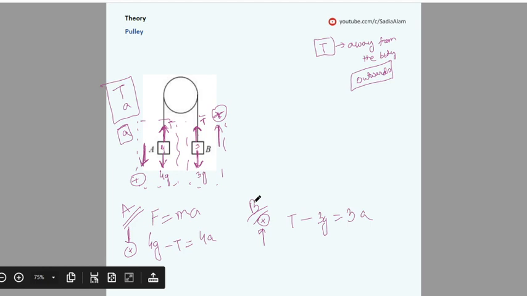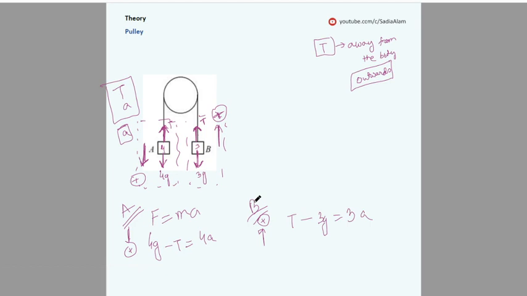So that's all about the theoretical part for pulley. Then I will solve a few example math. So basically, whatever the unknown is, whether it's tension or acceleration or mass, you just have to write two different equations of motion for these two particles individually and then solve the simultaneous equations. That's the basic.